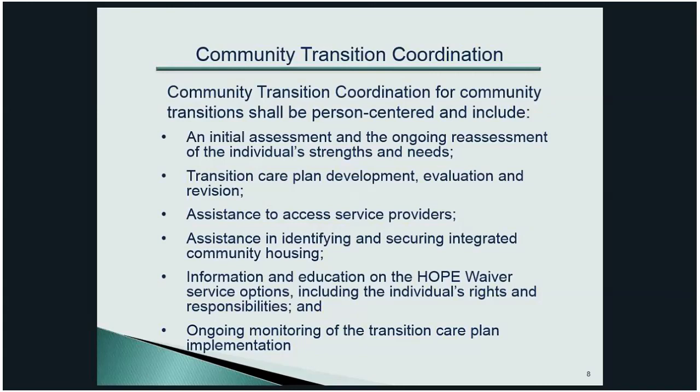So again, what is this person really going to need to transition successfully back into the broader community, into their own home, and really making sure that can happen. It would include assistance to access service providers, maybe even some provider development if necessary, assistance in identifying and securing integrated community housing, information and education on the HOPE waiver service options, and ongoing monitoring of the transition care plan and implementation.